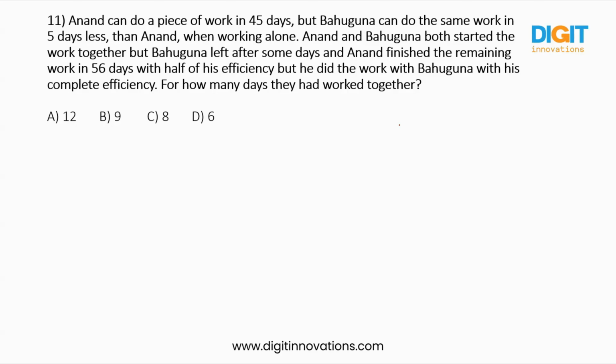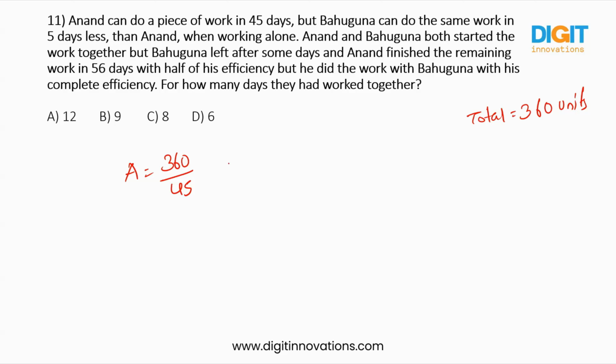So first we have to find the total work, as I told you, which is 45 days and 40 days. Total work will be 360 units. In the 360 units, Anand is taking 45 days to complete the whole work, right?